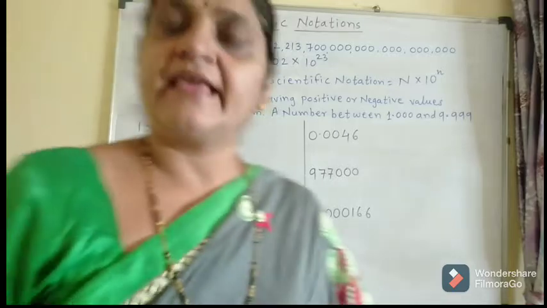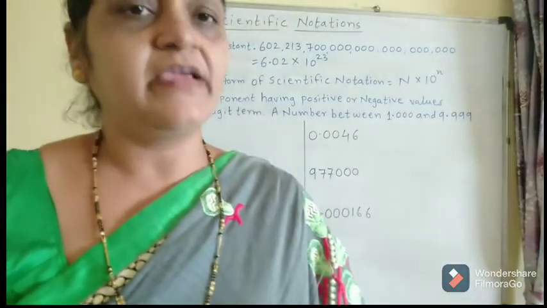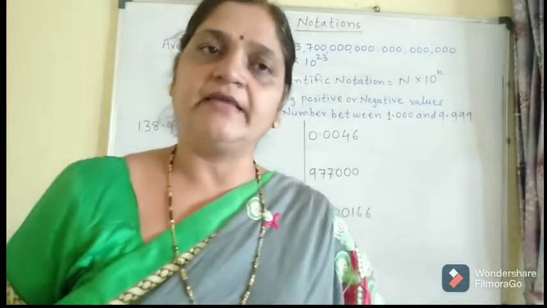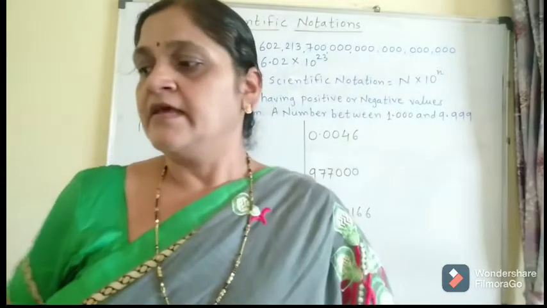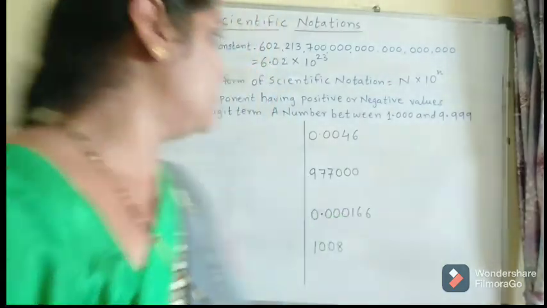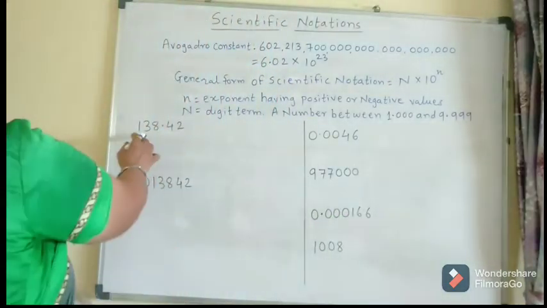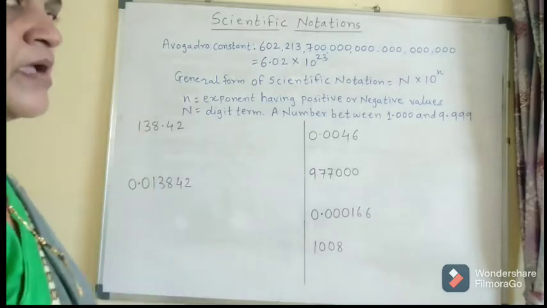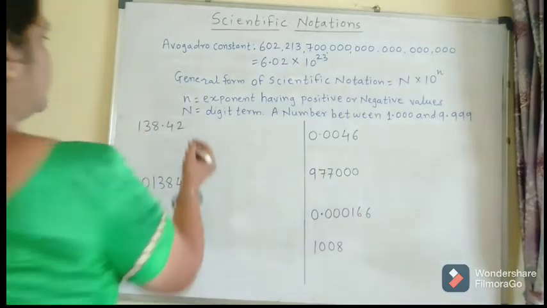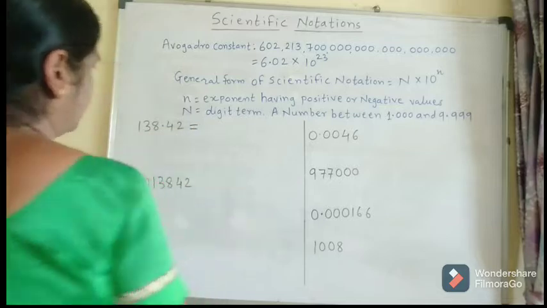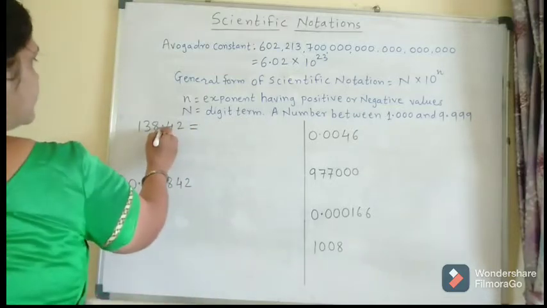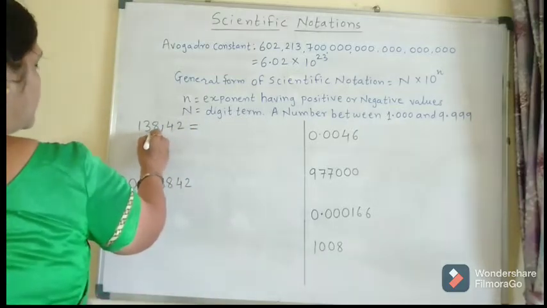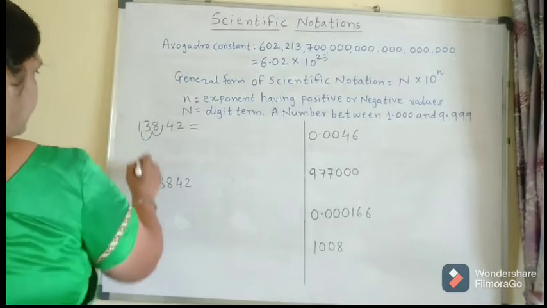Now let us see with an example how we can convert a given number into scientific notation. For that purpose I have taken one example, 138.42. To convert this number into scientific notation, I have to shift this decimal point to the left hand side, right?